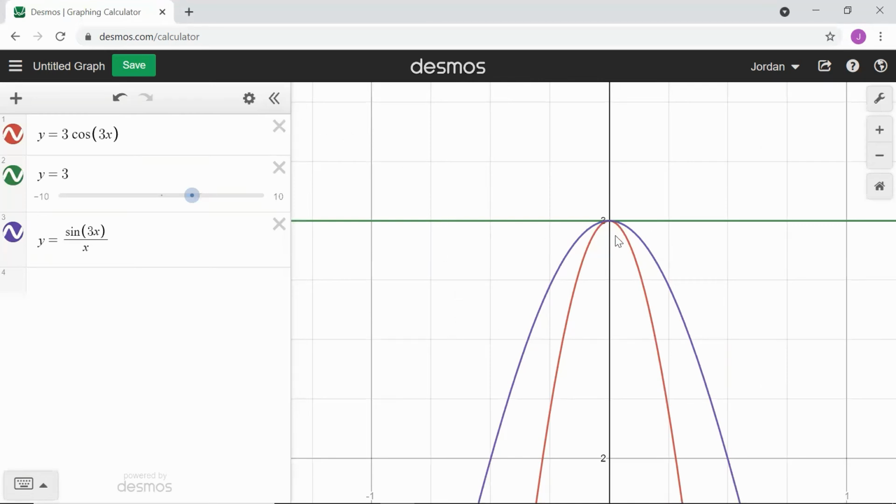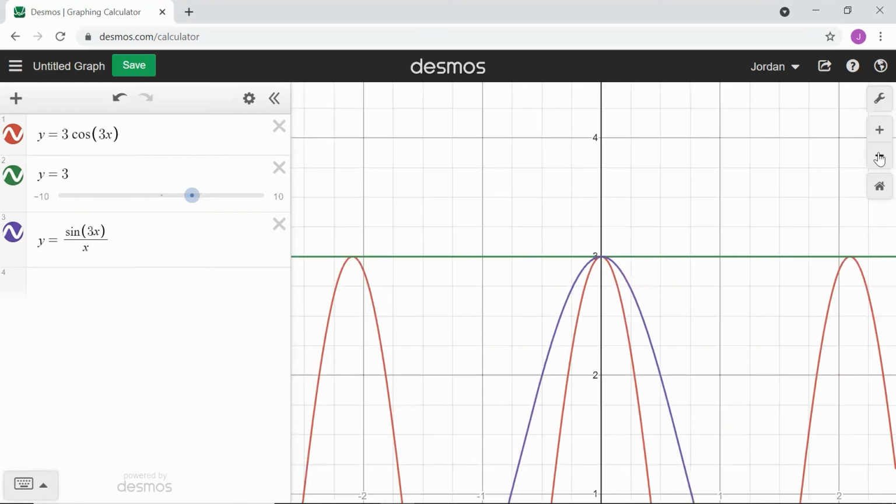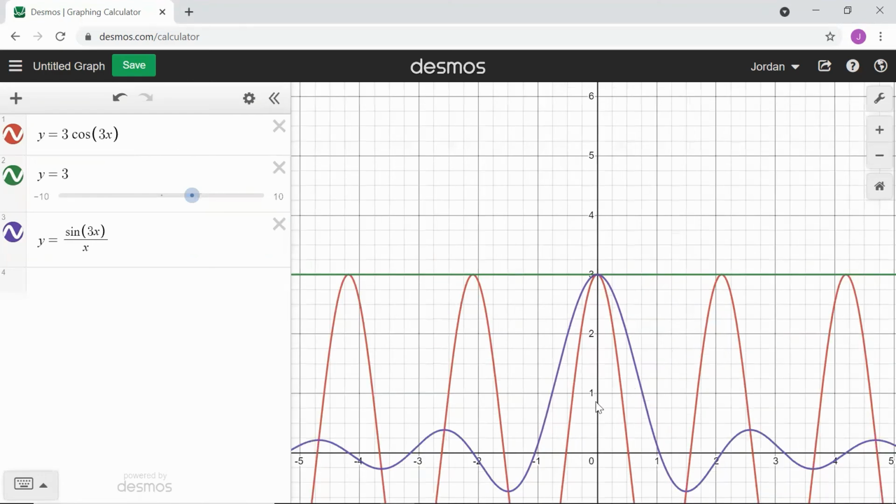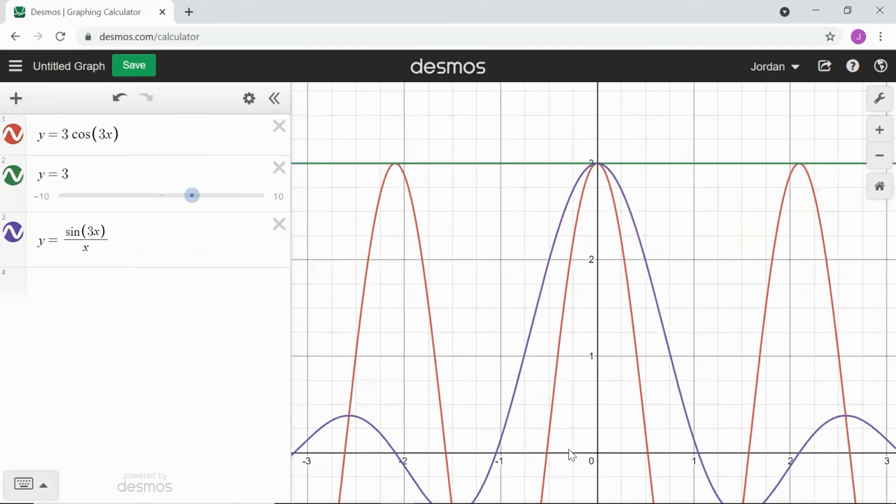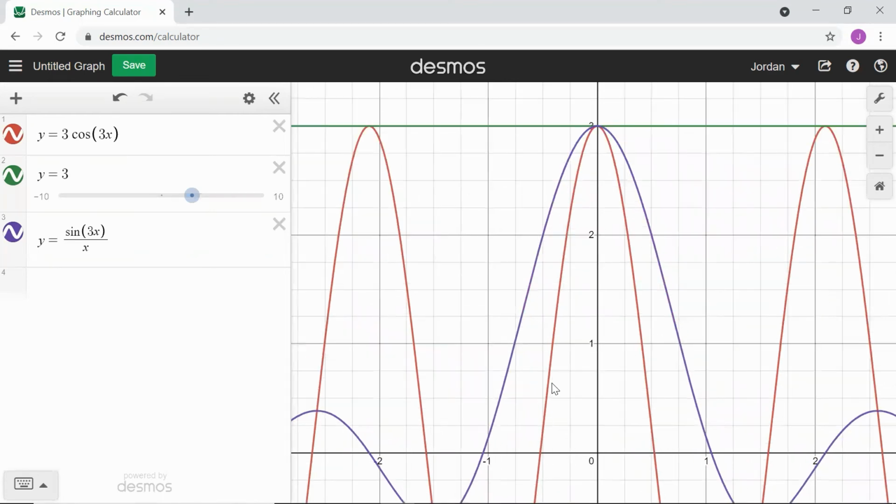So you can see visually that the 3 cosine 3x, that's our red, is always underneath in the interval I cared about, in the interval from negative 0.5 to positive 0.5. The sine 3x over x was always in the middle on that interval. And then the y equals 3 was always on the top on that interval.